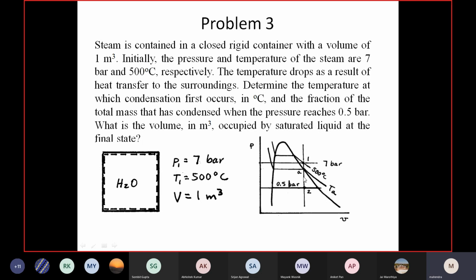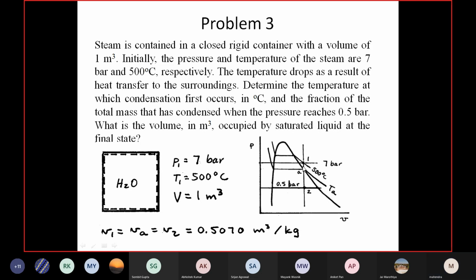Then straight away coming over here, what is happening? What are the characteristics of the fluid over here? That we are finding out. Given this point and these 2 points, we will be calculating from the steam table. Now at this point, the specific volume we are calculating.